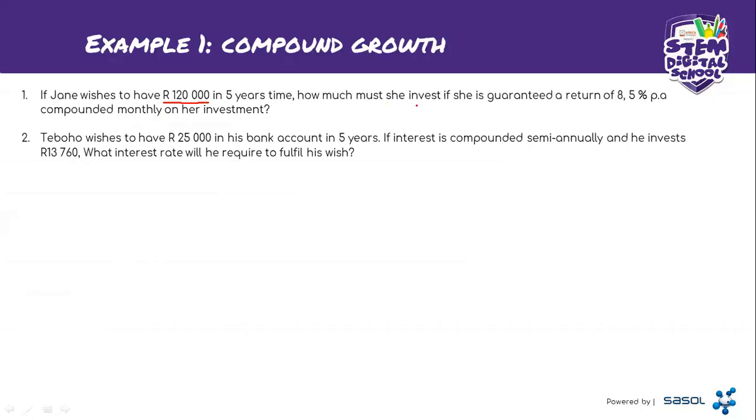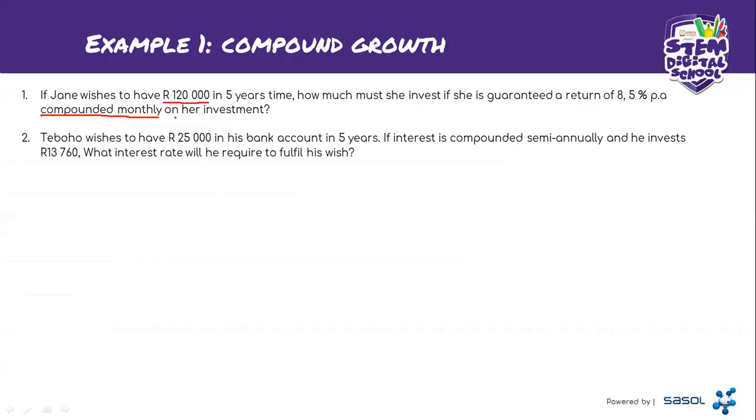How much money must she invest if she's guaranteed a return of 8.5% per annum compounded monthly? Remember, in the previous slide we talked about monthly. We're going to use 12, but we're going to see how we go about using that 12, right?